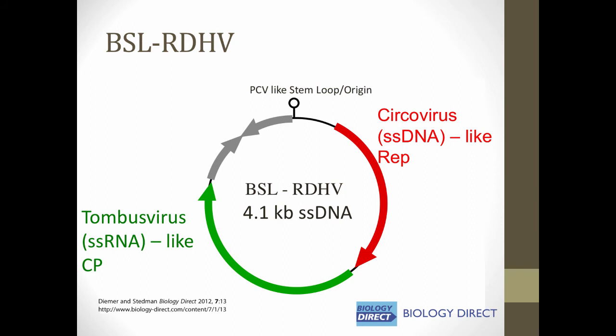There are two other open reading frames in the genome that don't have homology to anything in the databases. And then conveniently, there's also a porcine circovirus-like stem loop here, which also serves as the likely origin of replication for this virus, which makes sense because we have a circovirus-like rep protein.